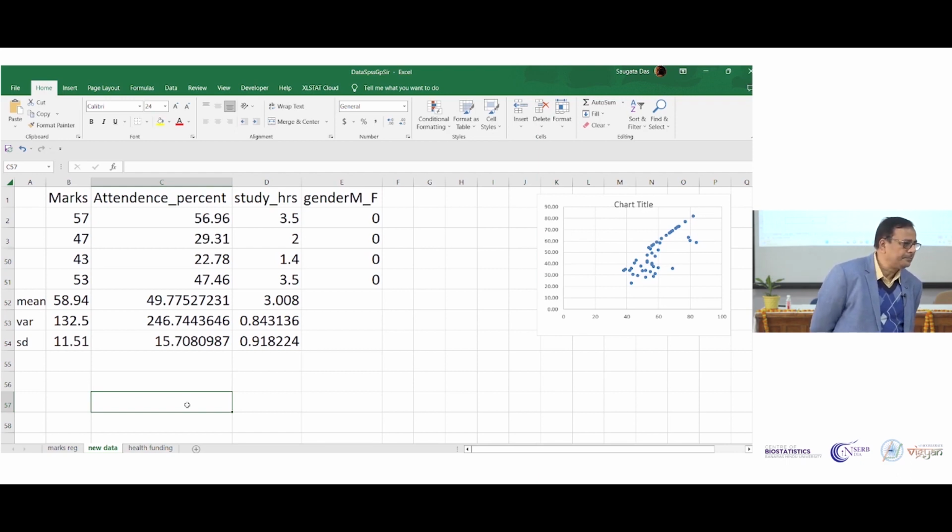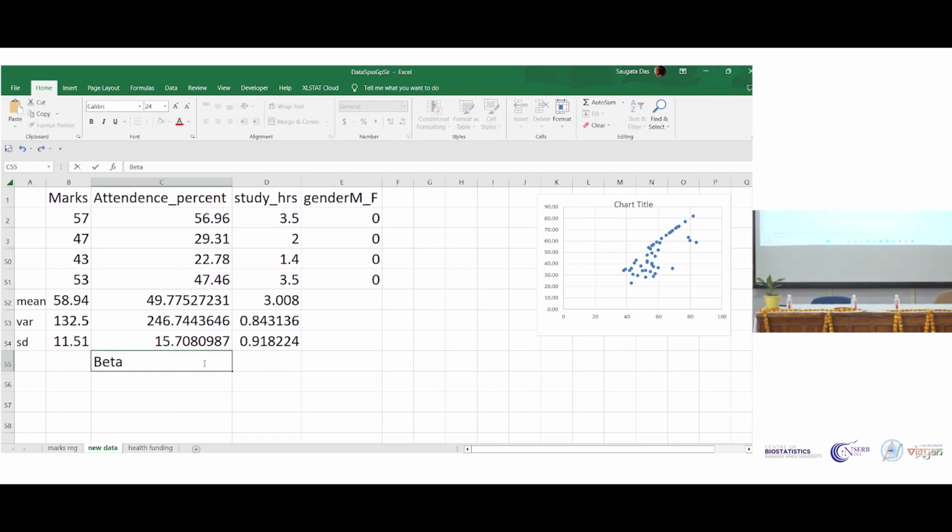ठीक है? So, in our problem, if we calculate slope, क्या क्या चीज हमें कैलकुलेट करना होगा, beta naught and beta 1.